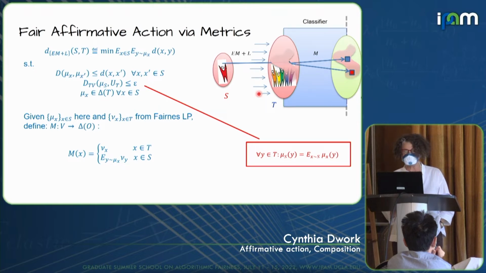Mu x is the distribution on elements of T for anybody in S.